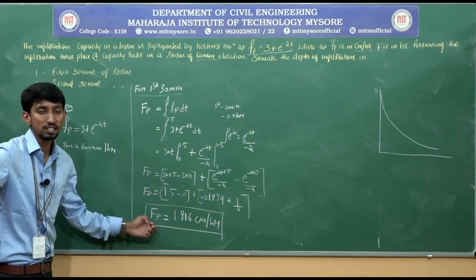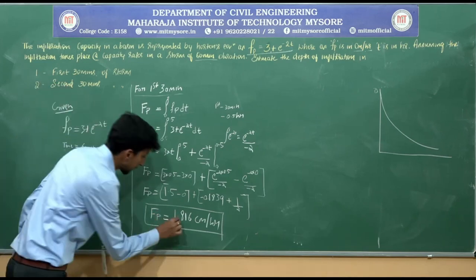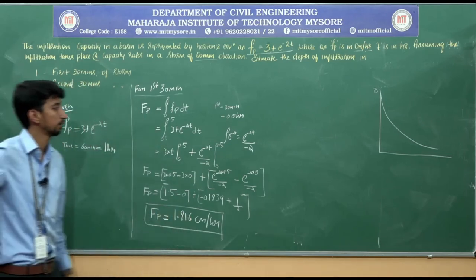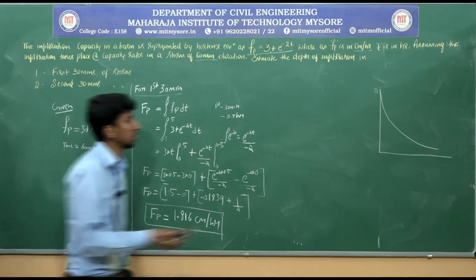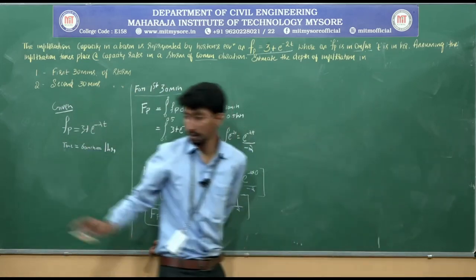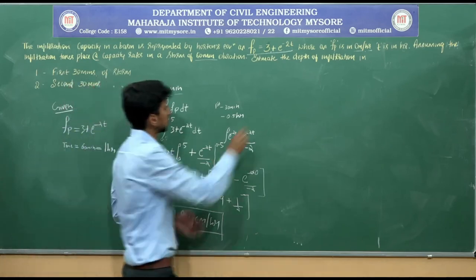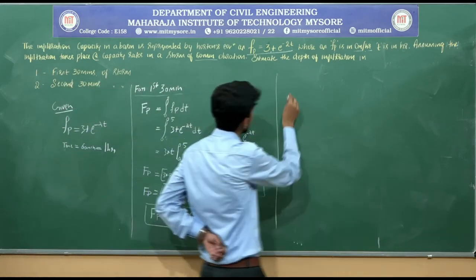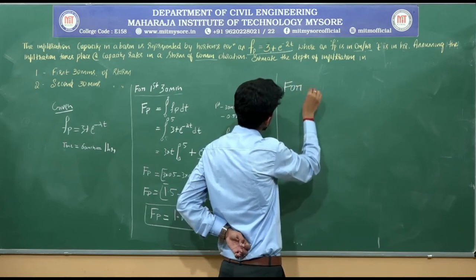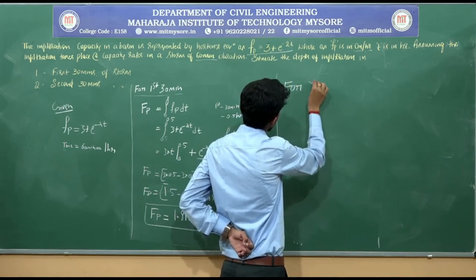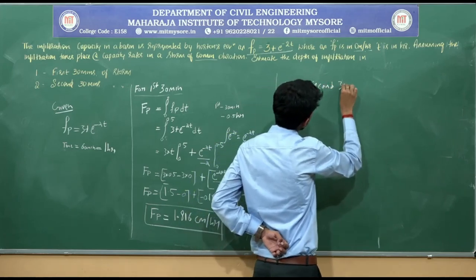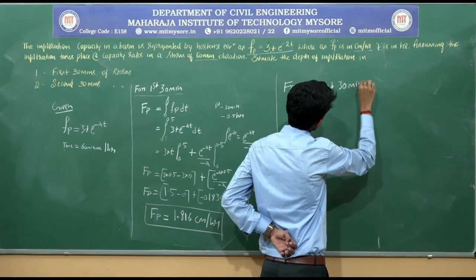Infiltration capacity at first 30 minutes is 1.816 centimeter per hour. Now we need to estimate the infiltration capacity for the second 30 minutes.